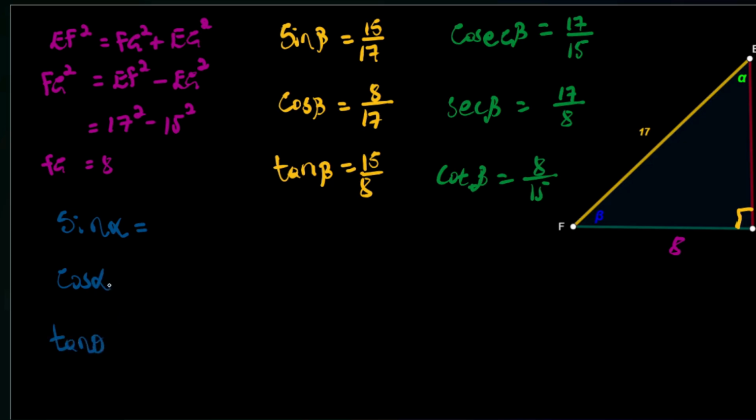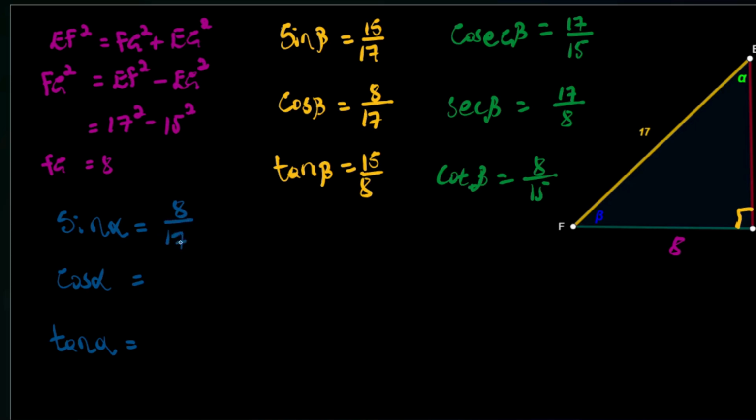Look at how I'm so used to theta. I'm always writing it everywhere, even though I have to write alpha. Now, sine of alpha. So according to alpha, the opposite side now is 8, and 15 is the adjacent side. So sine is the opposite over the hypotenuse, so that is going to be 8 over the hypotenuse, which is 17.